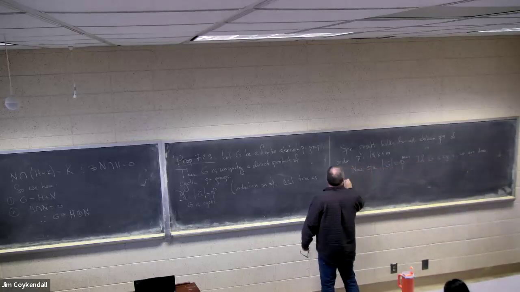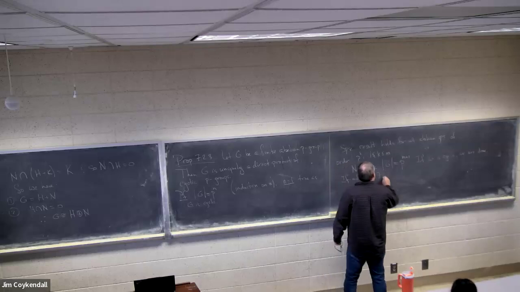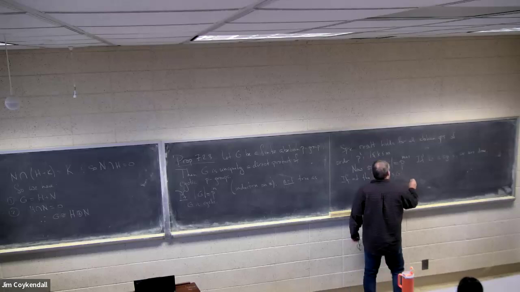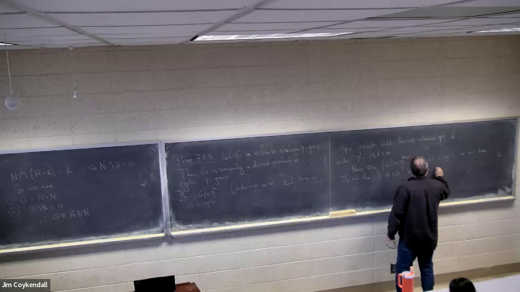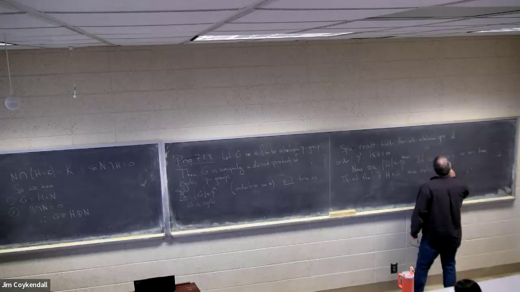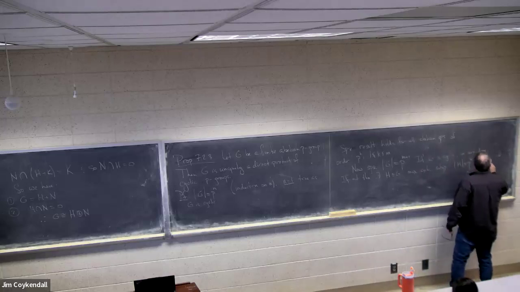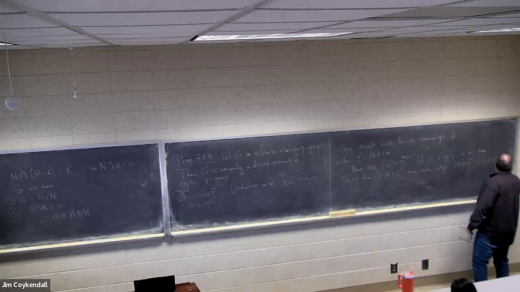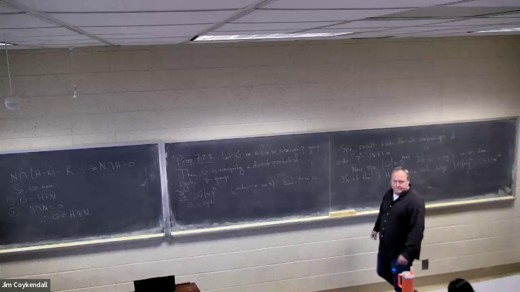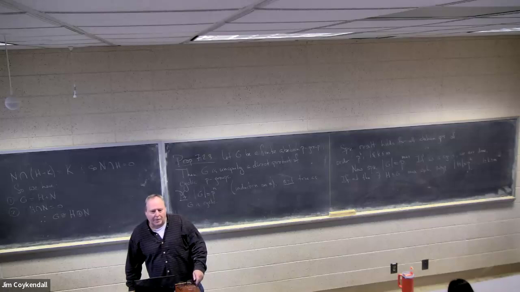If not, then there exists H in G, a maximal cyclic subgroup. And so the order of H is p^k, where k is less than or equal to n. What do we know from our previous result?